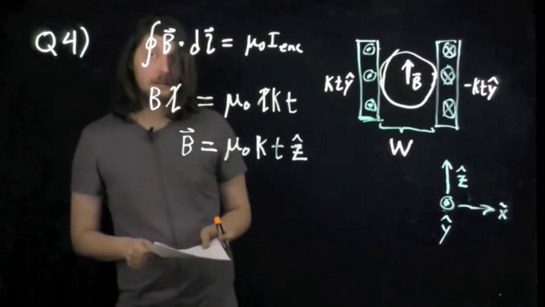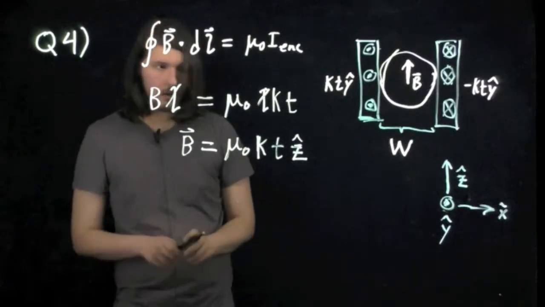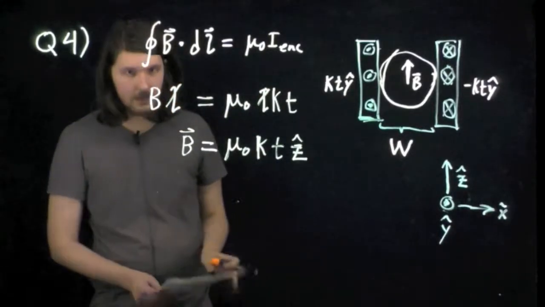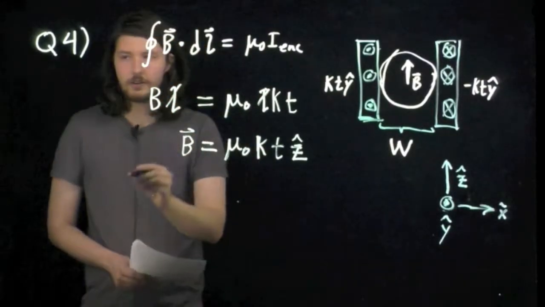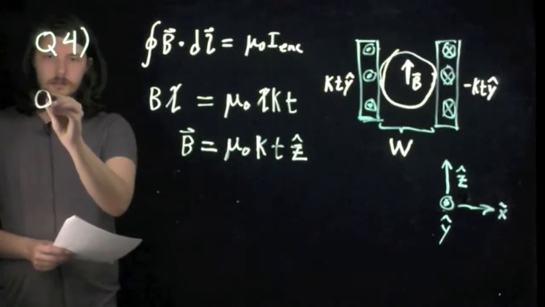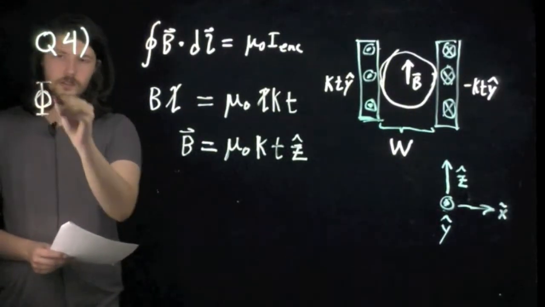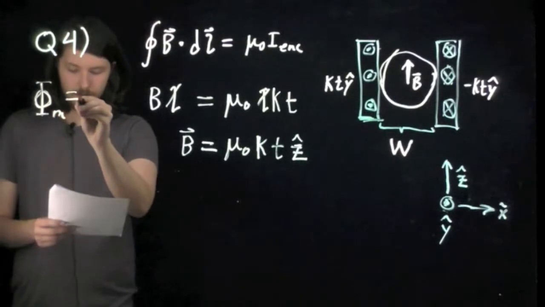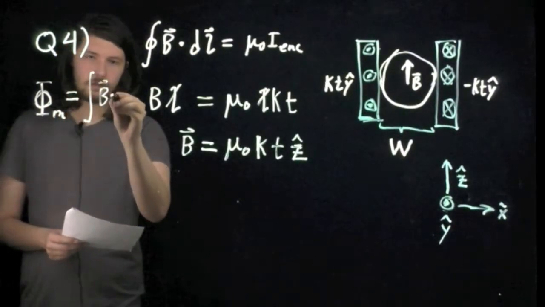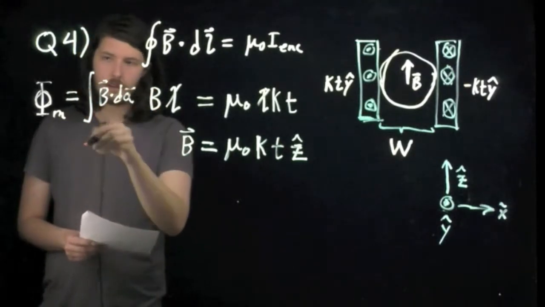With that in mind, we can now calculate the flux, phi of m, which is equal to B dot dA. The flux we're concerned with is the flux through this loop.